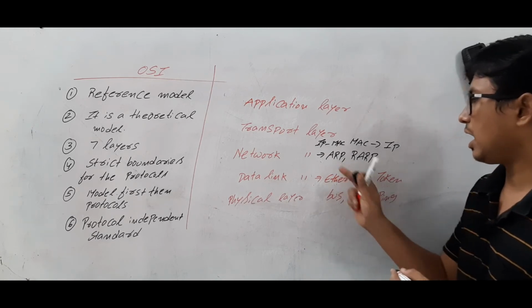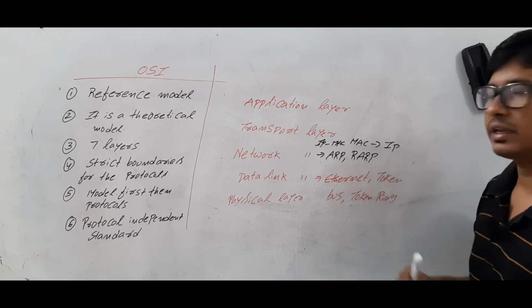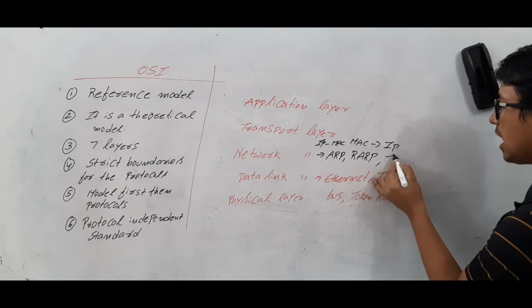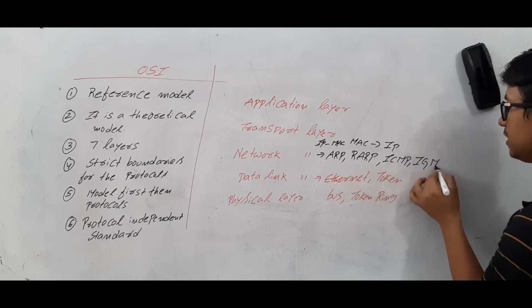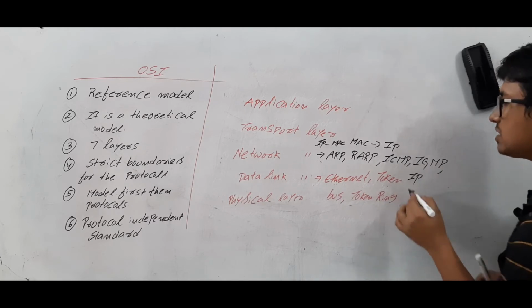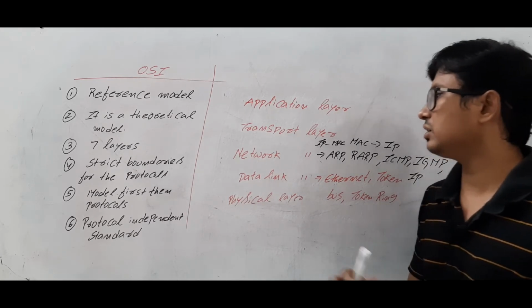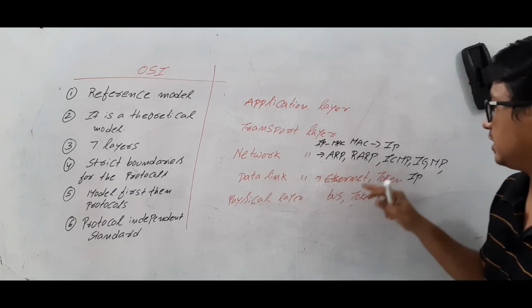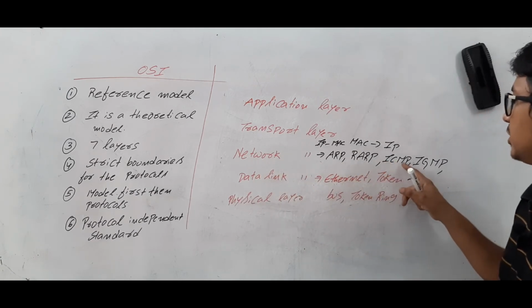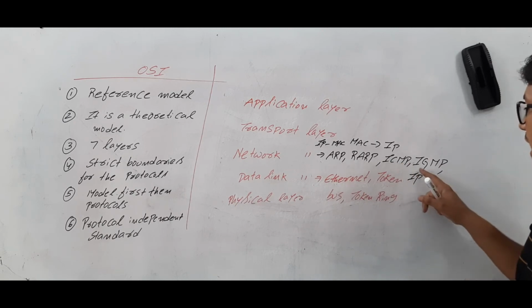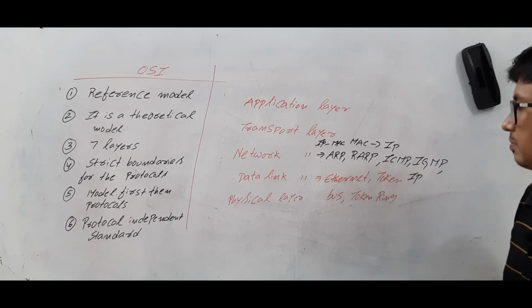So we have ARP, RARP, ICMP, IGMP, and even IP. These are the standard protocols in the network layer. ICMP is Internet Control Message Protocol and IGMP is, not gateway, Internet Group Management Protocol, which is useful for multicast communication.